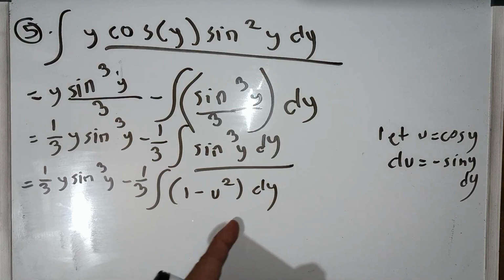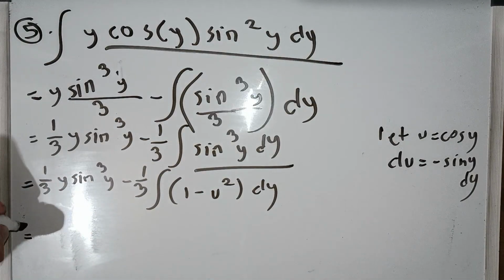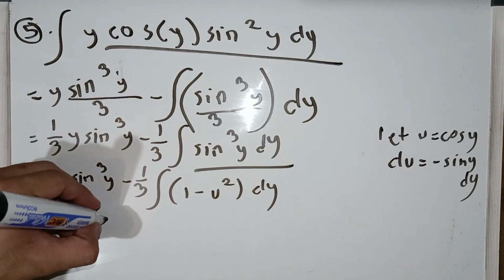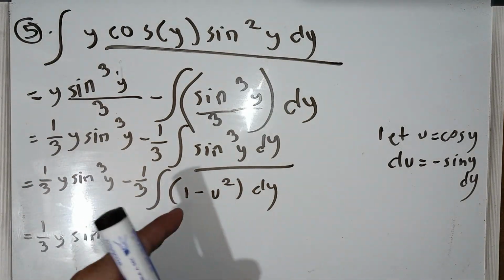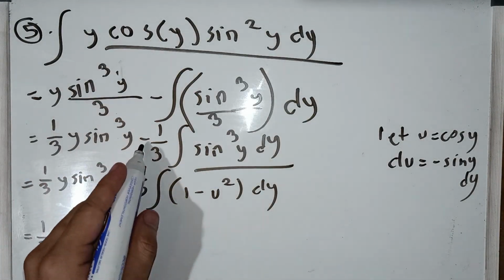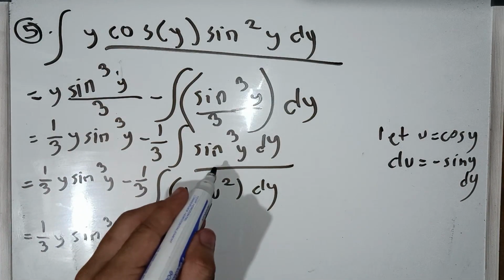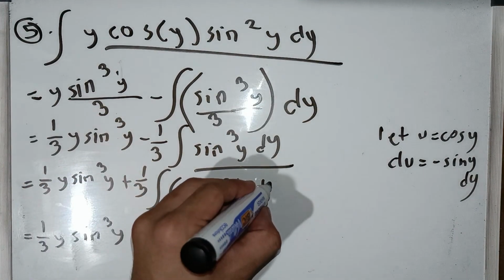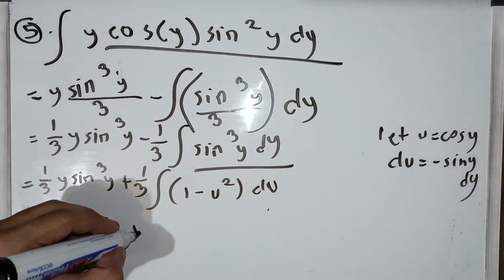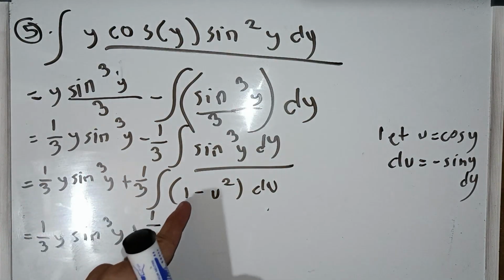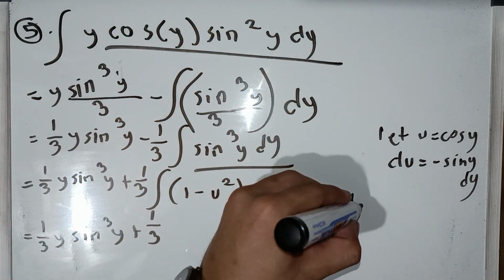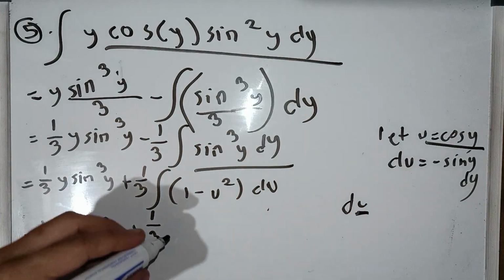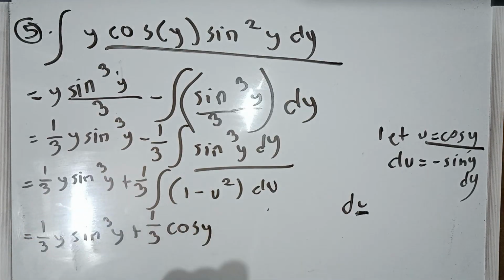So we can now integrate this part, so that is equal to 1/3 y sine cube y. Since we have the negative here, that will become plus, and this is du. So plus 1/3, since we have 1 here, that is equal to u, and the value of u is cosine y.